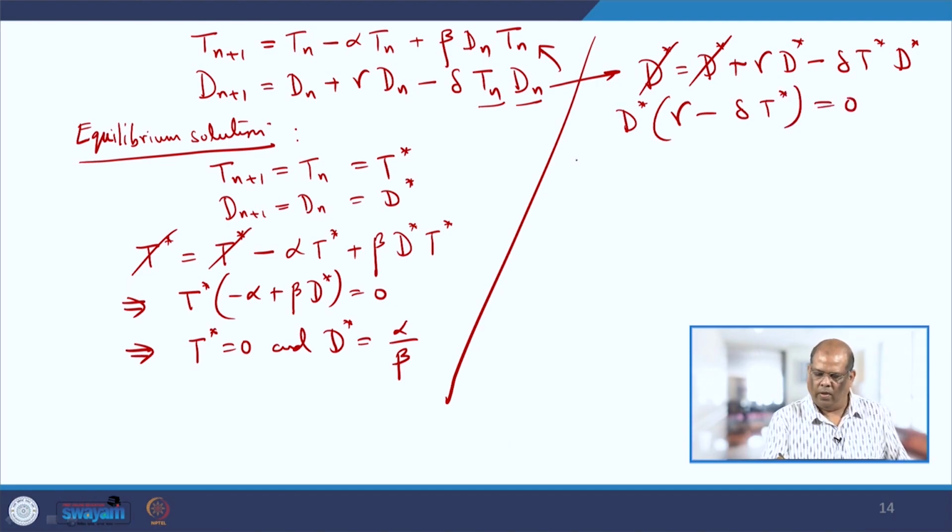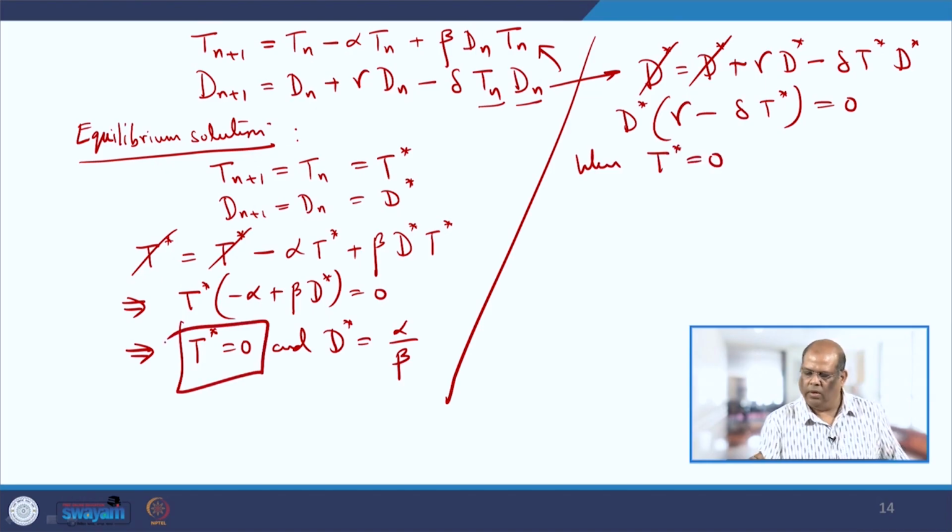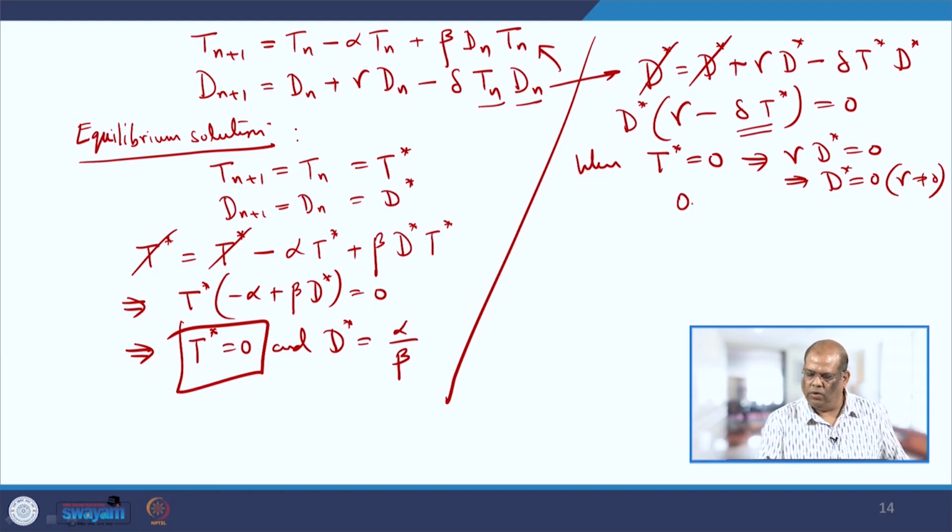Now, when T star is equal to 0, we are using this. This will imply, so this part vanishes, gamma D star equal to 0, which will give D star equal to 0 as gamma is not equal to 0. So 0, 0 is one of the equilibrium solutions.